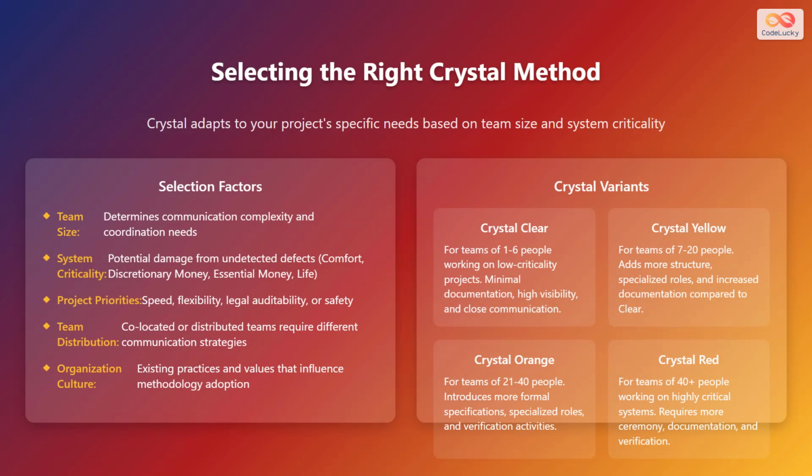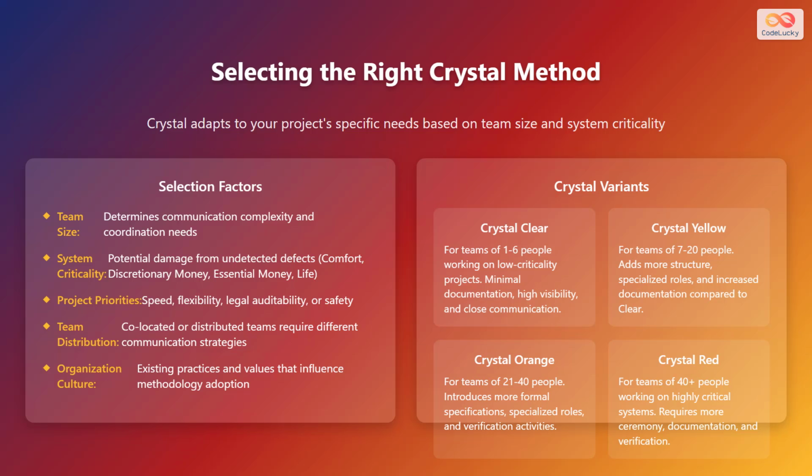Selecting the right Crystal method involves adapting to your project's specific needs based on team size and system criticality. Several factors influence this selection. Team size determines the communication complexity and coordination needs. System criticality assesses the potential damage from undetected defects, ranging from comfort to life-critical systems.